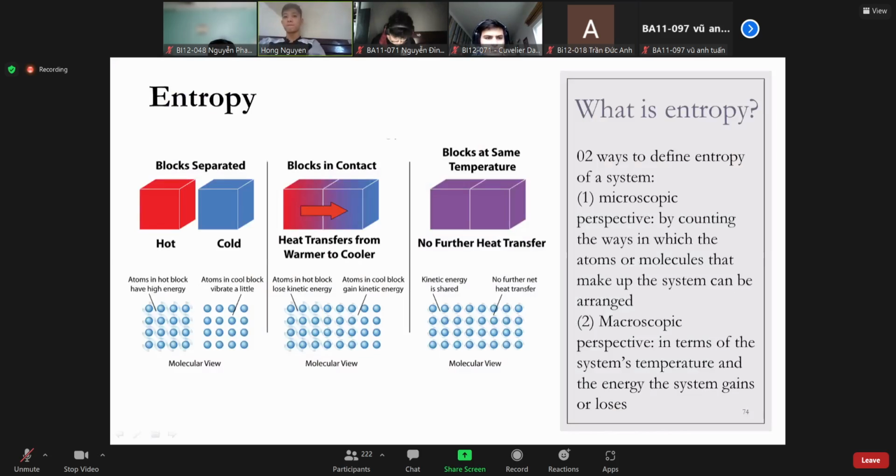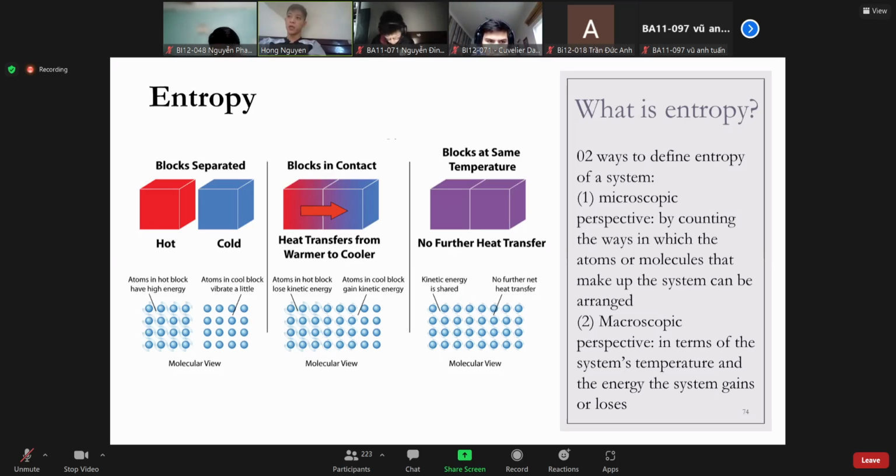That's why we will learn two ways to define the entropy of a system. The first way is to use the microscopic approach. Okay, microscopic approach.